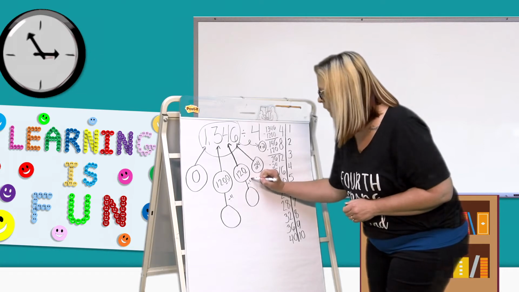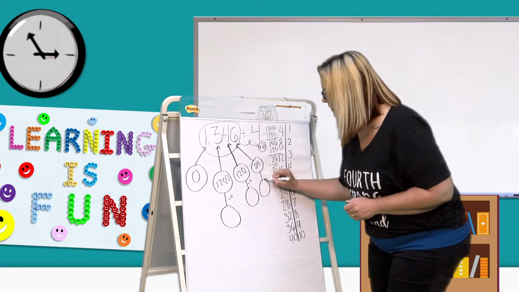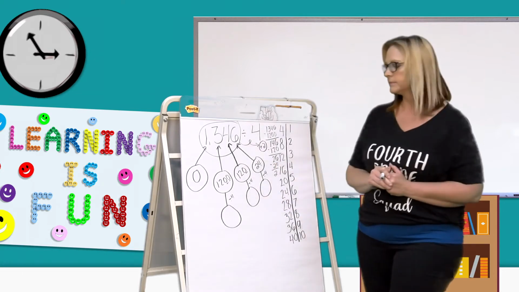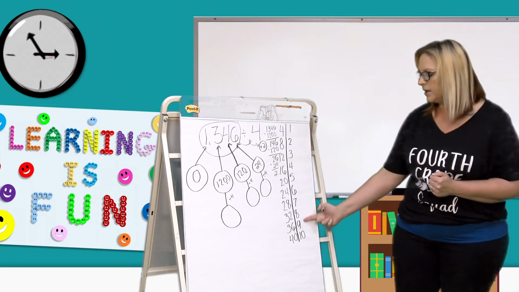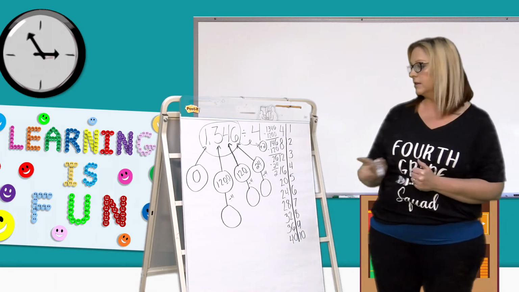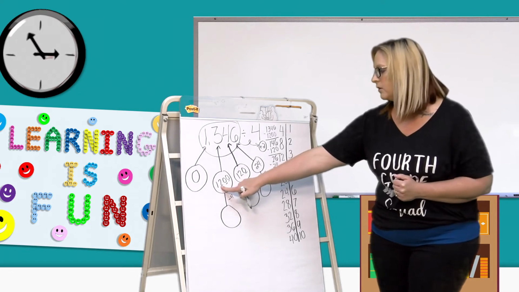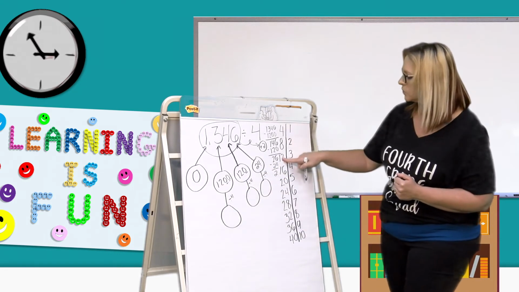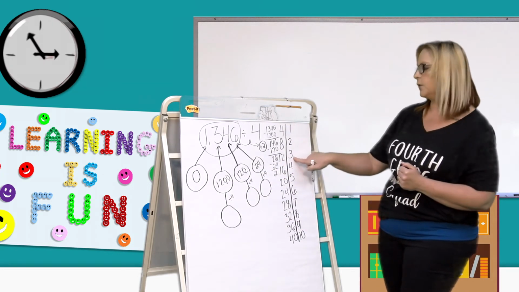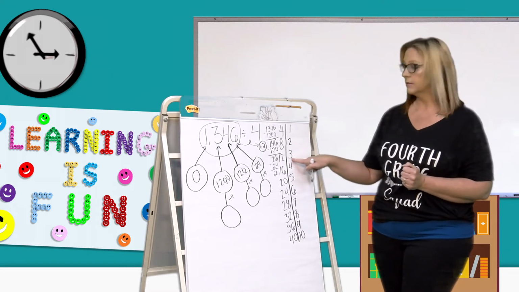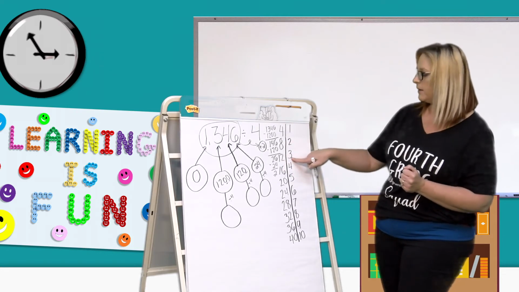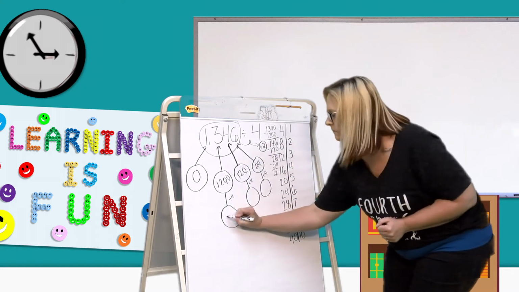Divided by 4. That's where my table comes in. So I have the multiple of 12 divided by 4. 12 divided by 4 is 3.